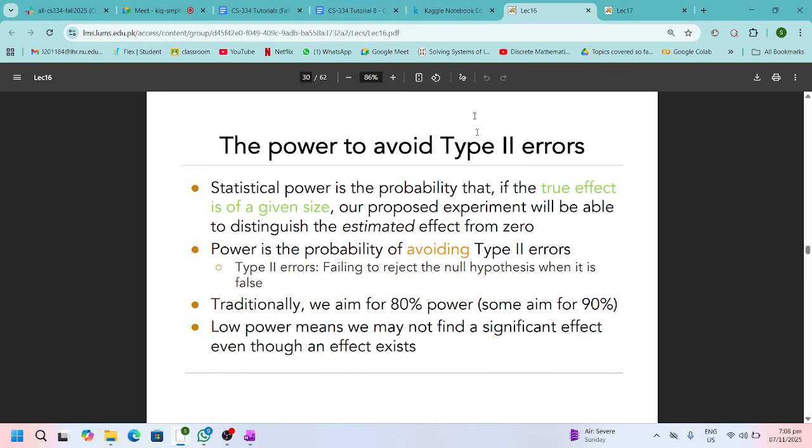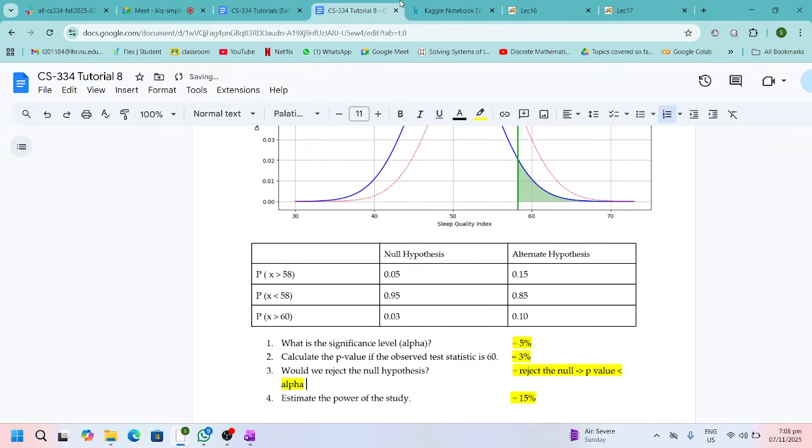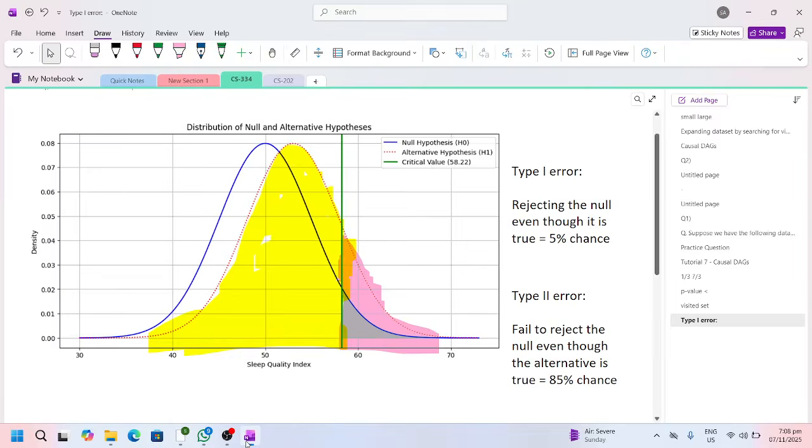What if I want to increase my power? What if I want to increase this power? What will I do? If I want to increase the pink region, तो इसका solution भी बहुत simple है. I will take this green line and I will try to move it here. इसको मैं जितना ज़्यादा move करूँगी उतना ज़्यादा ये वाला region increase हो जाएगा. So I will have more power. What is the problem with doing so?